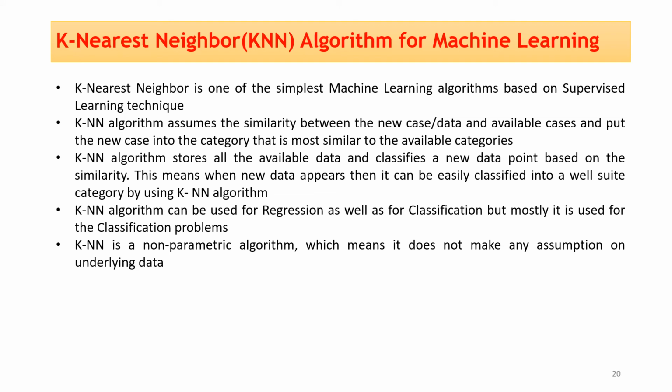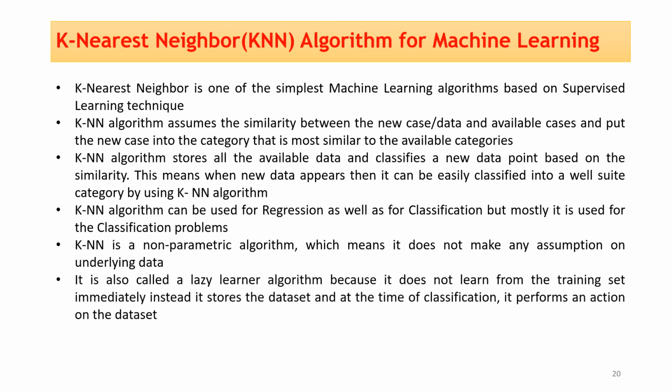The KNN algorithm is basically a non-parametric algorithm, which means it does not make any assumption about the underlying data. It is also called a lazy learner algorithm because it does not learn from the training set immediately.